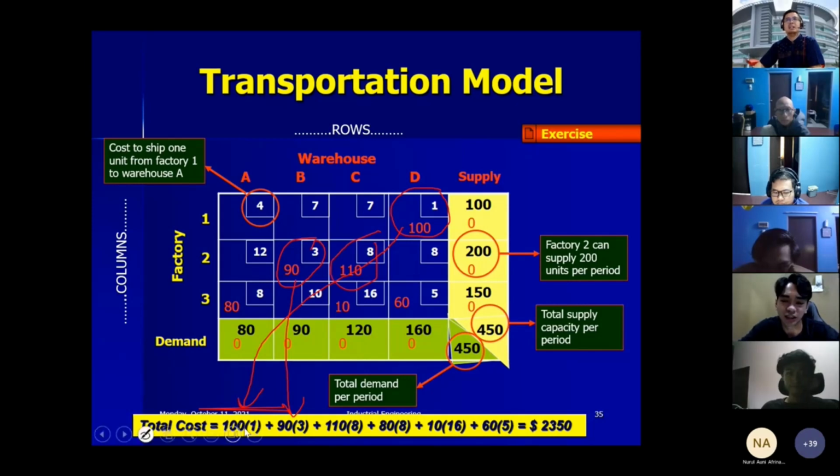So 100 units times 1 ringgit Malaysia, plus 90 units times 3 ringgit Malaysia, plus 110 times this one, and so on until you get the answer. You will get the total, for example, 2,350 ringgit Malaysia. Okay? Understand? So don't be confused.